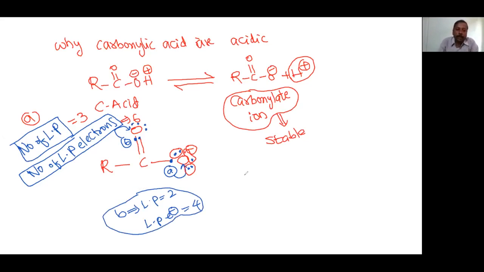Now this is called a carboxylate ion. Now let us see the resonating structure of the carboxylate ion. All of you listen very carefully in the mechanism, so that once you start the mechanism it should not create any problem. Here this is O minus and here it is neutral.